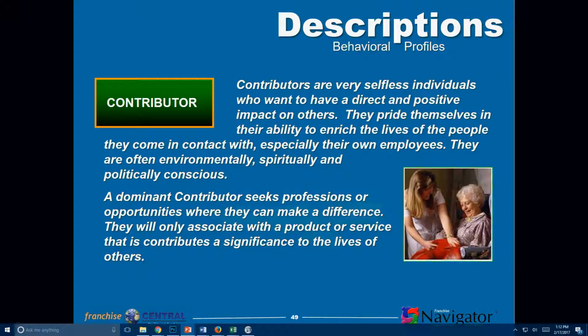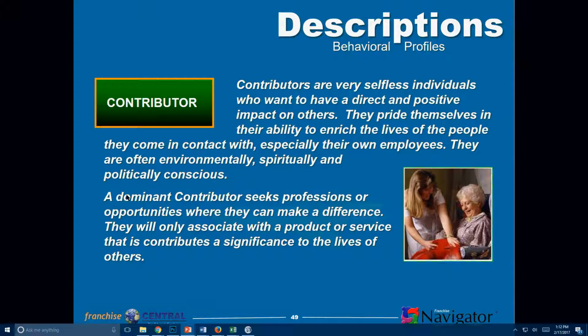Their franchisee profile is a sales and marketing person, because that business model requires somebody to go out and establish the relationships. The caretaker is a contributor. See? So the contributor is going to be drawn to that kind of business, and you've got to get them off that path, unless they want to be a caretaker, and then they can go to work for a franchisee that owns a senior care business.